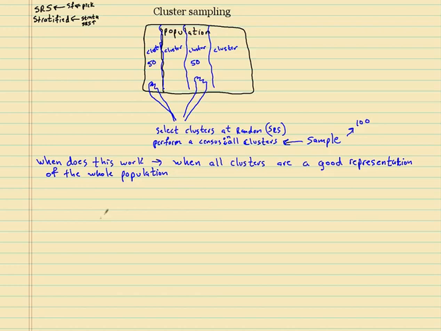Okay, so let me show you an example where it wouldn't work. You have your high school, and you have your freshmen, sophomores, juniors, and seniors. Let's say we're going to go ahead and sample here.